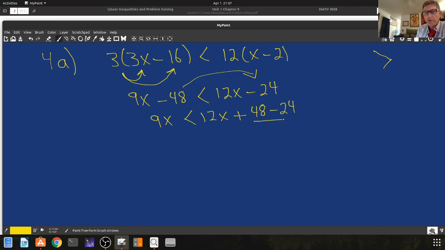So as always, we're going to collect and simplify like terms. So this gives me 9x is less than 12x, and 48 minus 24 is 64. There's an x right there.